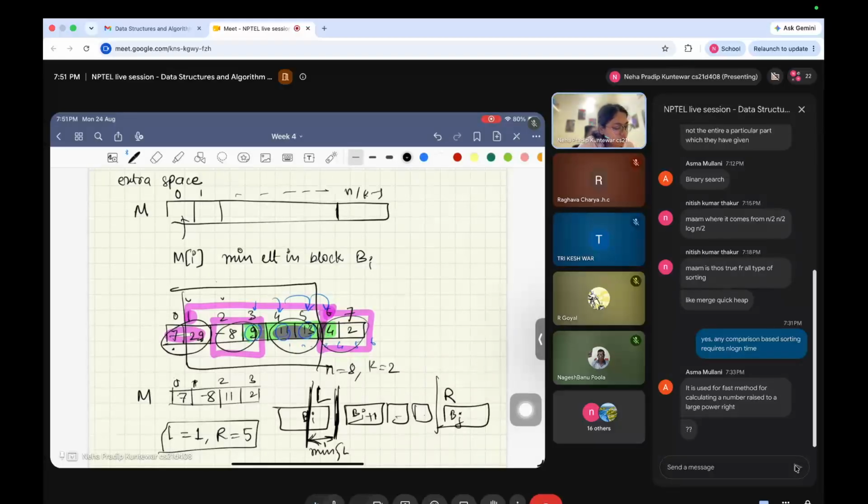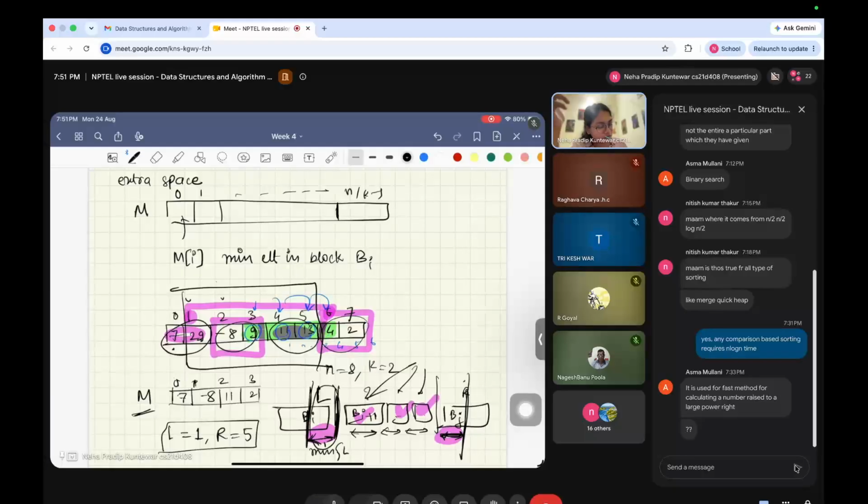Look at the minimum here, look at the minimum here, and let's say R is somewhere here, then the minimum here. So only these two are behaving differently. All these values I already know because they are stored in my array M. So all these values I can pull off in order one amount of time each, right?